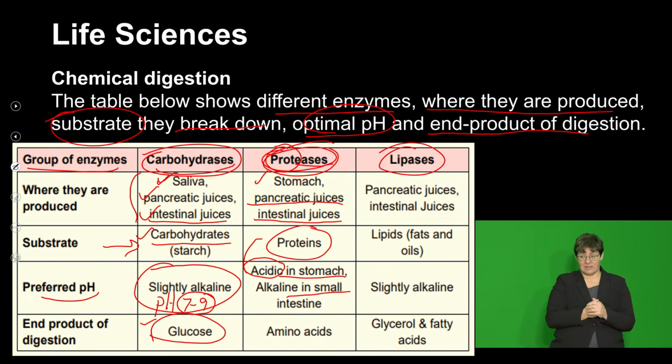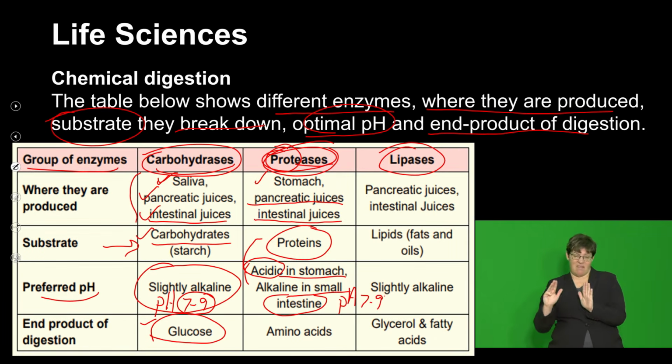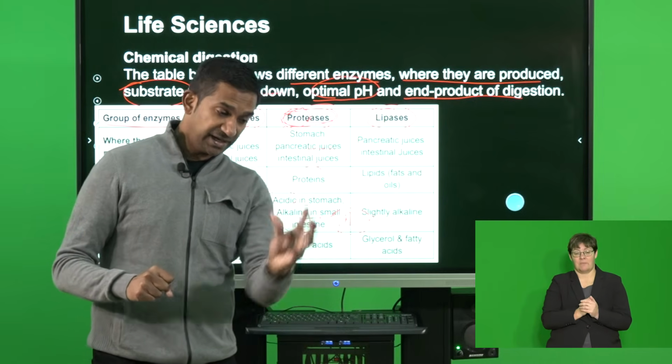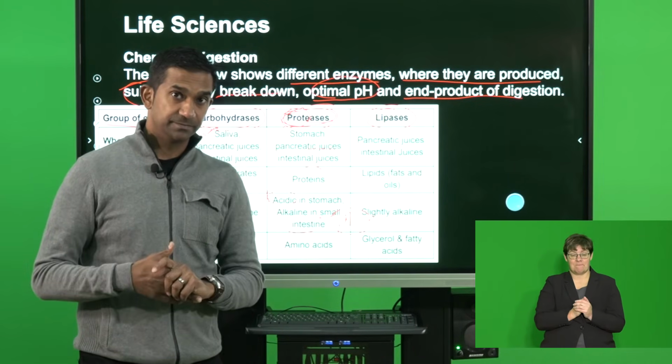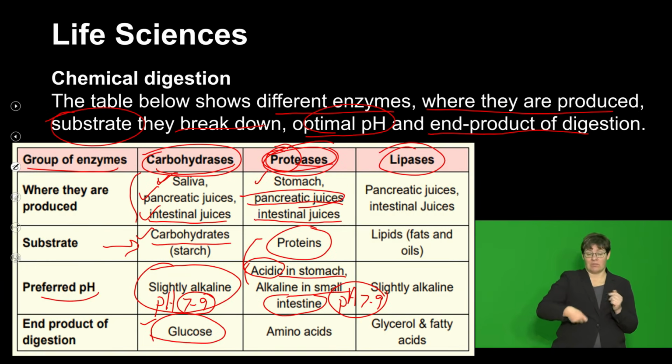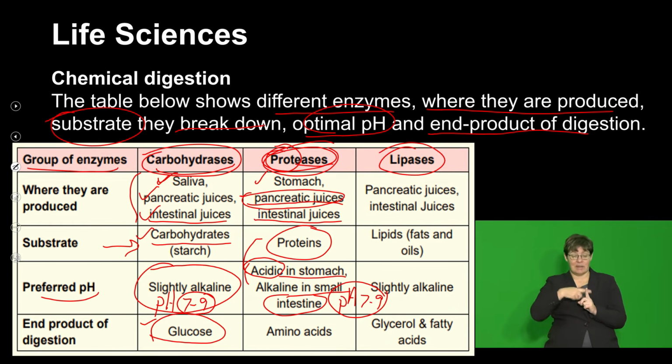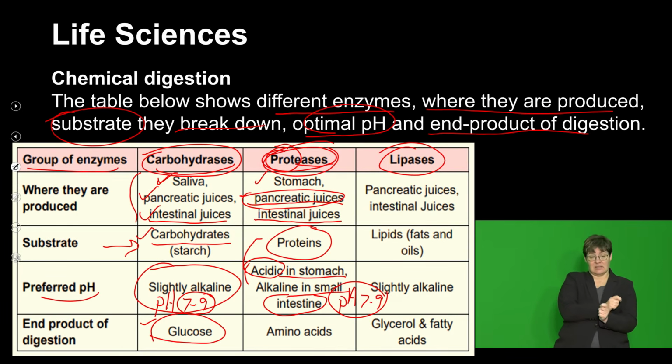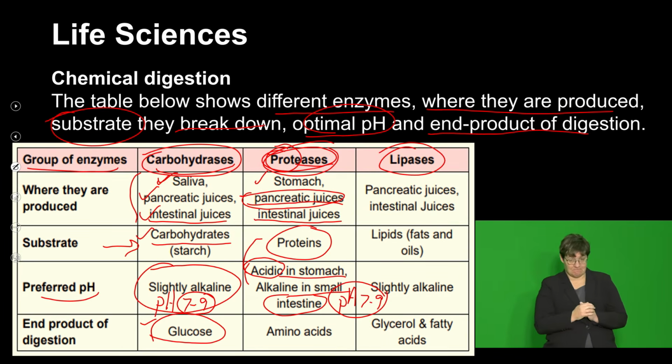However, when the chyme moves into the small intestine, the pH becomes alkaline, between 7 and 9. It means there's a radical change from being acidic in the stomach to being alkaline in the duodenum. To assist this, the pancreatic juices produce alkaline secretions to adjust the pH as food moves from the stomach into the small intestine.